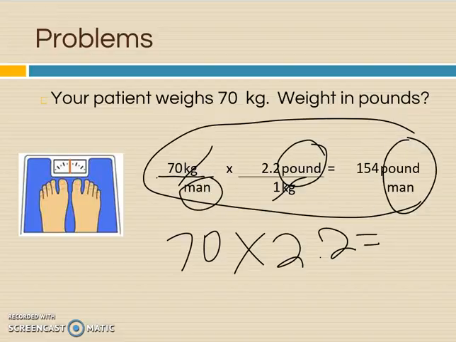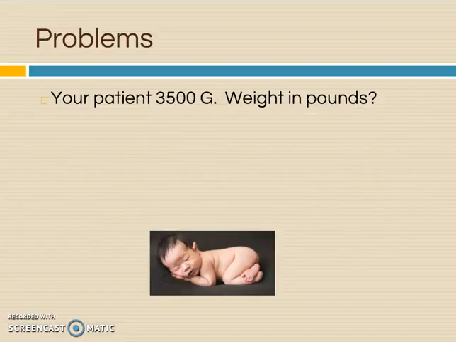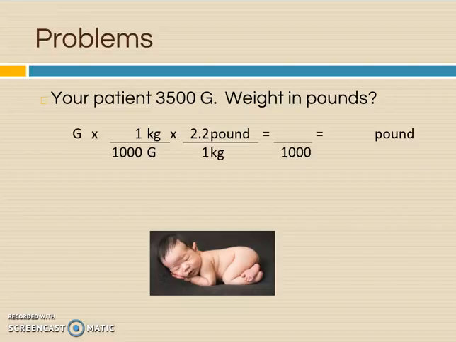There you go. Okay. So now we have a little baby who is 3,500 grams, and we want the weight in pounds. Again, it's very simple. Now remember this 2.2 pounds is in a kilogram, and we have grams here, see?